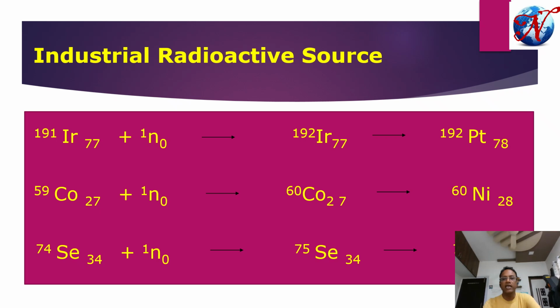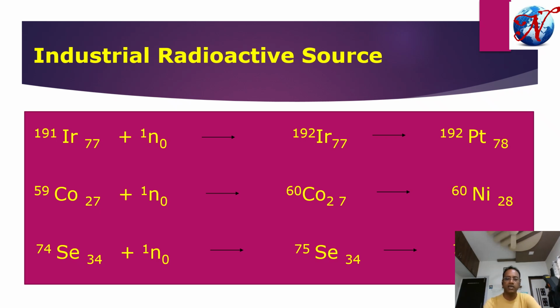Iridium, a naturally occurring element, occurs in the state of iridium-191. When a neutron is bombarded onto this atomic structure, it is converted to iridium-192 by absorbing the neutron, and it will produce beta decay. During this beta decay, it is converted to platinum, and gamma rays are emitted from the nucleus.